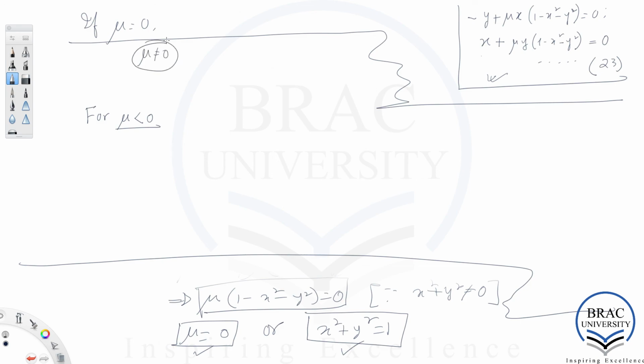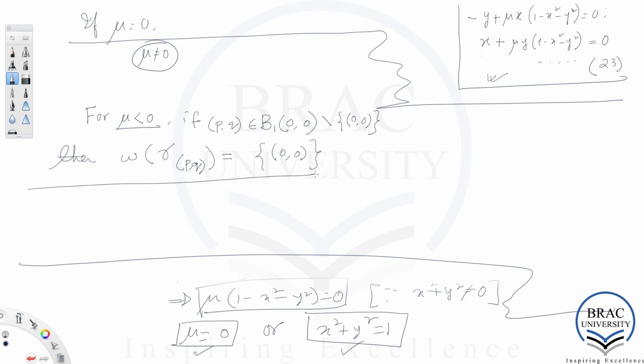So mu strictly negative, and if P comma Q is inside this open ball, set minus the origin, then the omega limit set of the orbit of this point is the origin itself. This is what we are going to prove next.